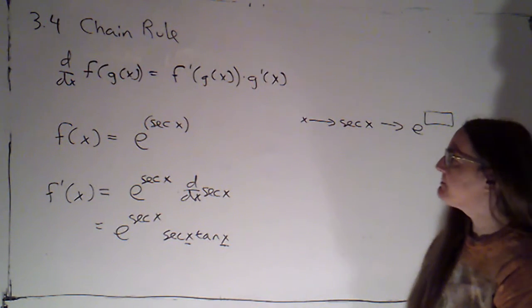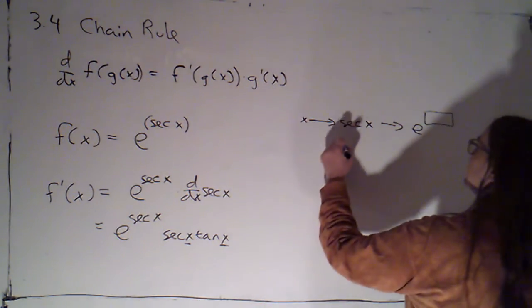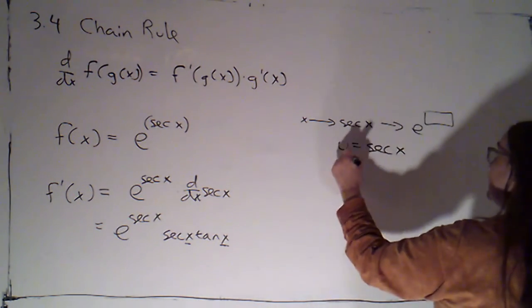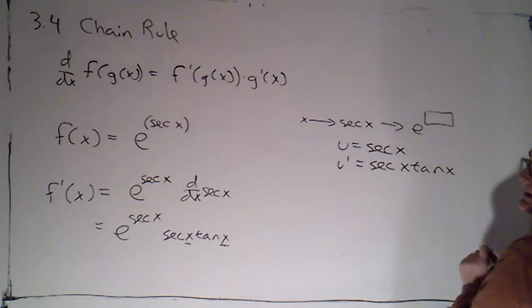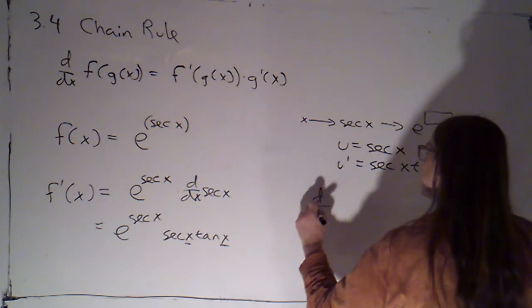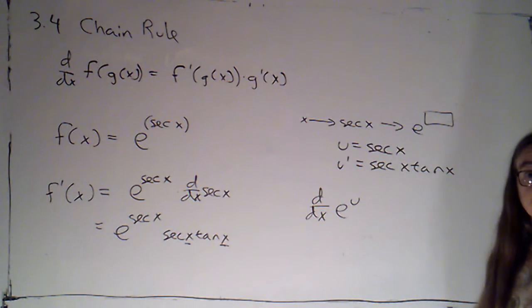All right, if I did this one using the u substitution, I would say u is the inside part, that's secant of x. Go ahead and write that means u prime is secant x times tan x. And so then basically we're taking the derivative with respect to x of e to the u.